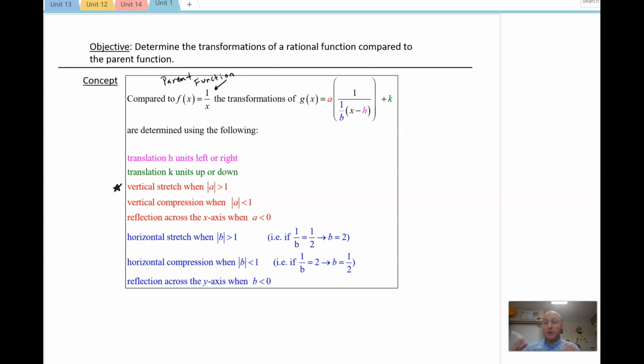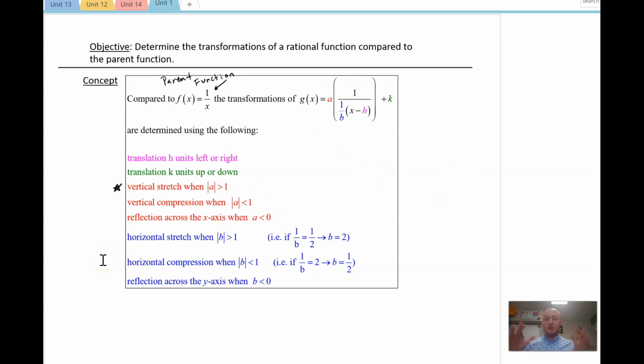If the absolute value of a is bigger than 1, then I'm going to have stretch. If the absolute value of a is between 0 and 1, then I'm going to get compression. My graph's going to squeeze. If I have an a value that's negative, it's going to flip.